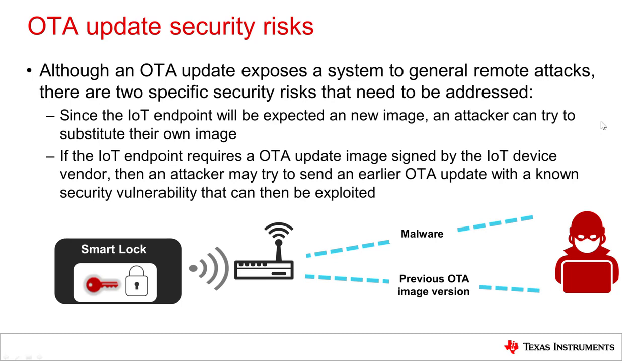In this case, since the OTA device is looking for a signed image, it's not possible to substitute a random malware image to do the takeover. However, if the attacker has obtained an earlier OTA update image with a known security vulnerability, they can send the device that image in the hope they can downgrade the device to this older version of software that can then be exploited by another form of an attack.